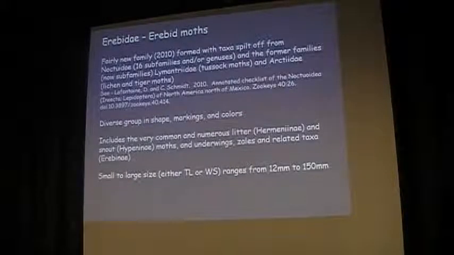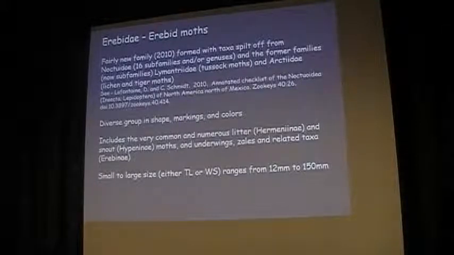And then we have the erebid moths. The taxonomists had a field day with this back in 2010. They decided, well, we're going to combine all these families from the noctuids, which is a huge group of moths, and add in some other families, and they're all going to smush them together because they're closely related taxonomically. So we got a sort of a mishmash of species in this grouping now.